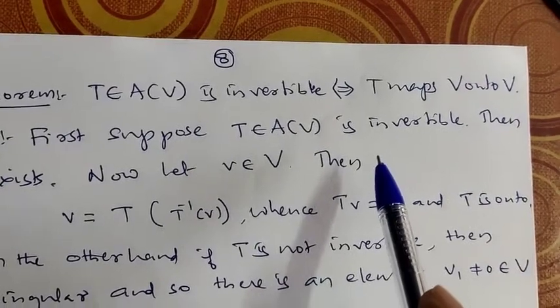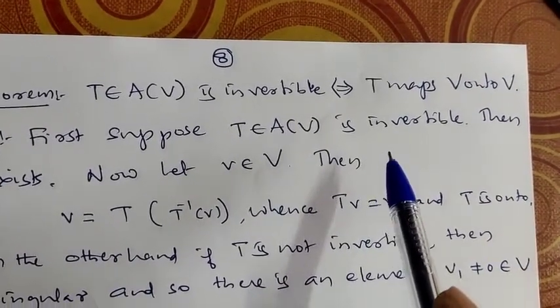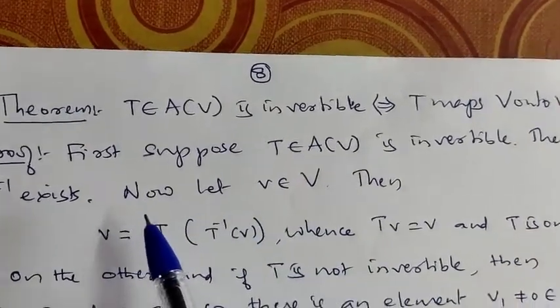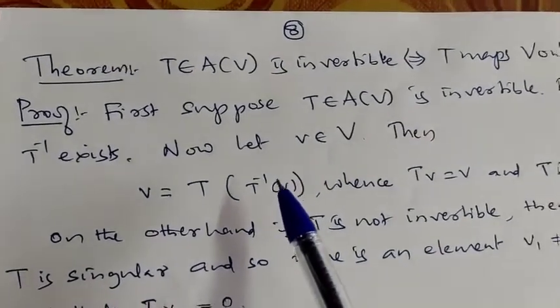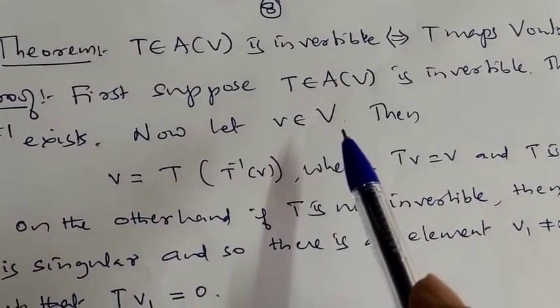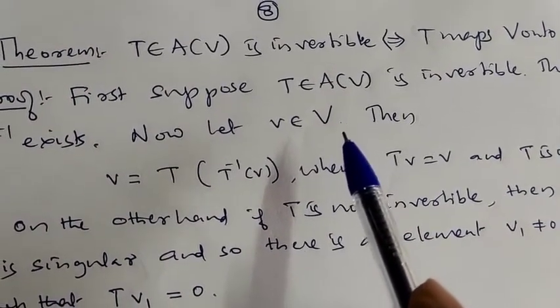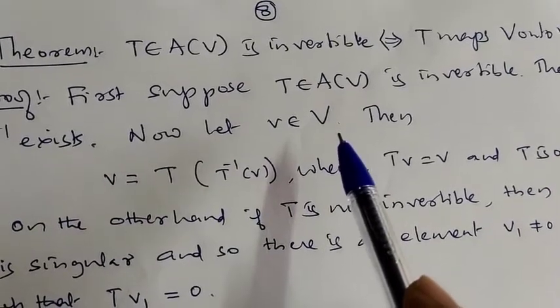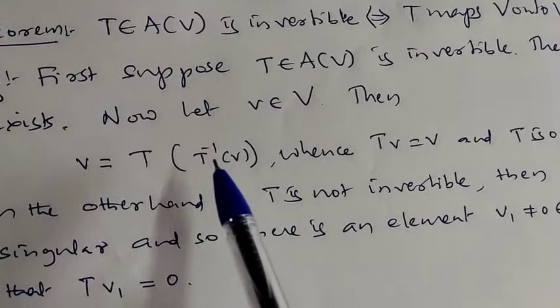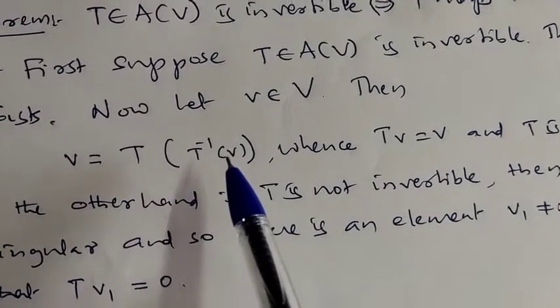We have to show T is an onto mapping. T is invertible means what? T inverse exists. Now let v belong to V, which is in the image space. Then this v can be written as T of T inverse of v.